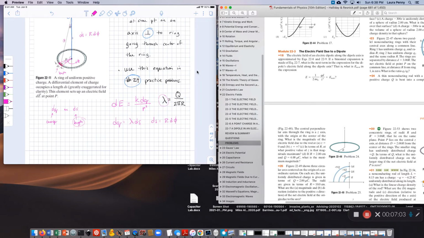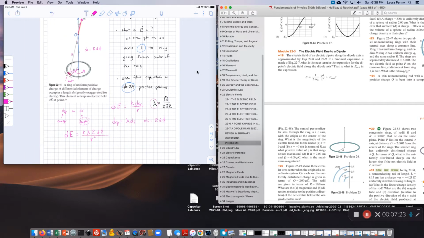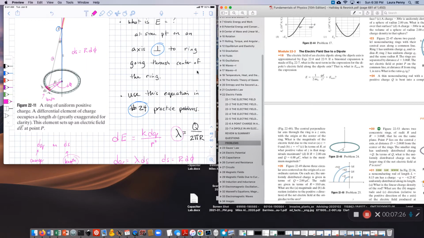And all of a sudden, I now have an actual equation. I can say dE is equal to k, and for dq I'll write lambda, and for ds I'll write r d phi, and then all of this is over r squared. Now, one more thing: my relationship between r, z, and capital R. Little r squared is capital R squared plus z squared.